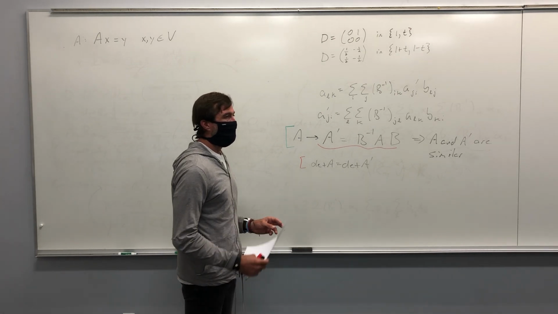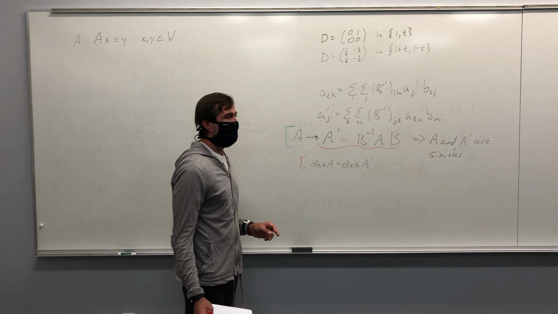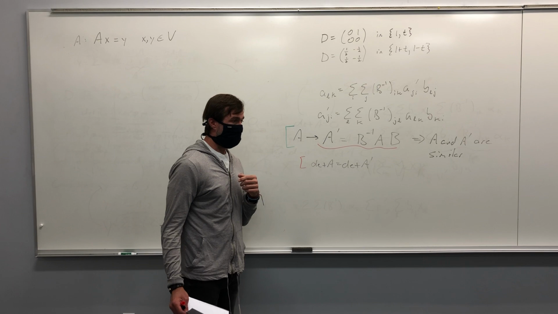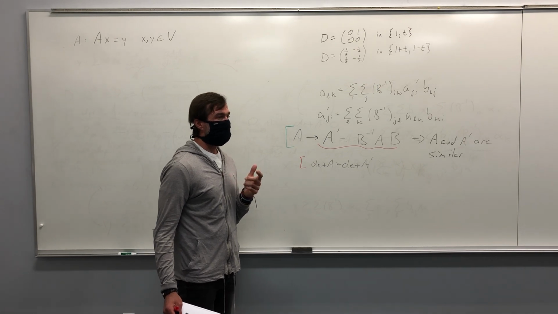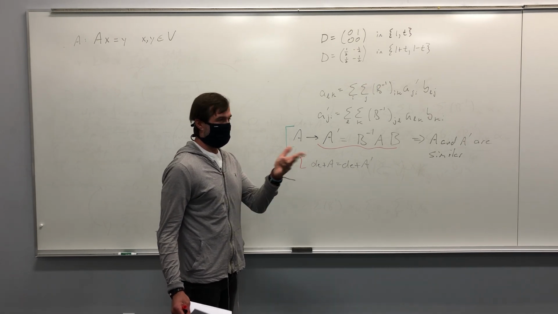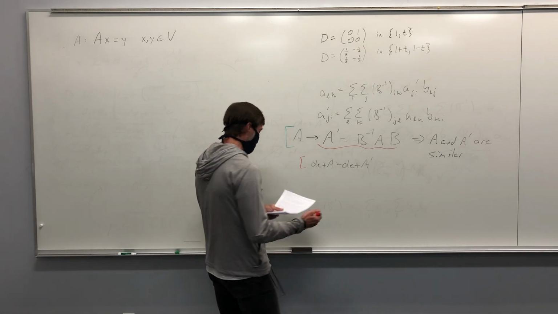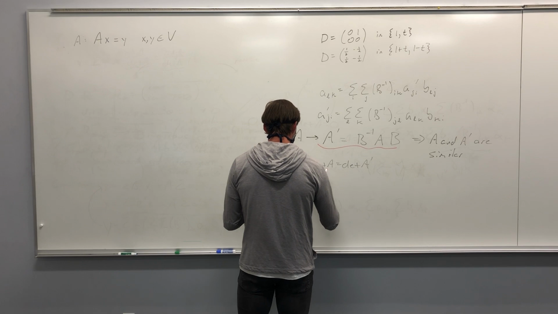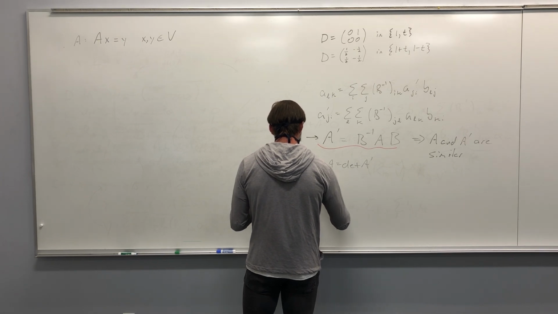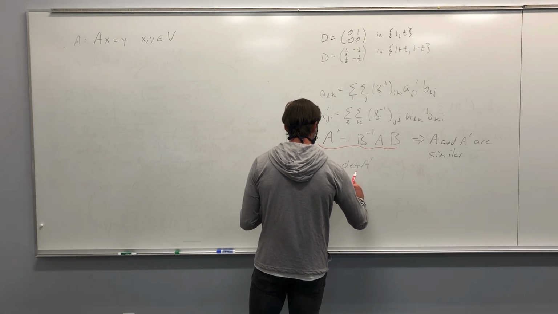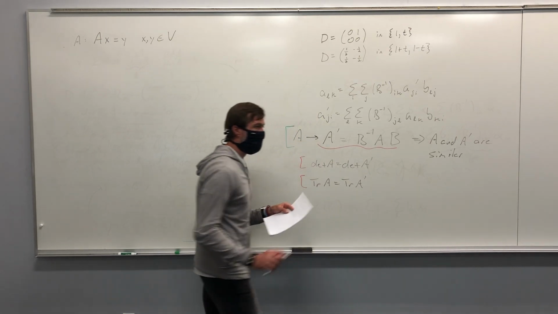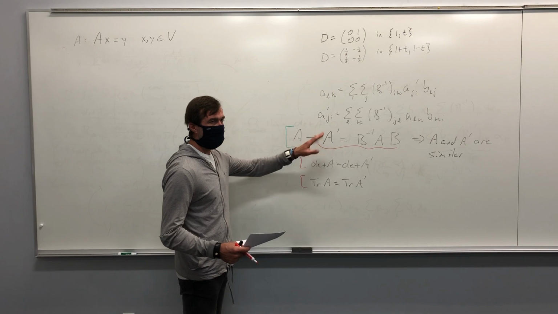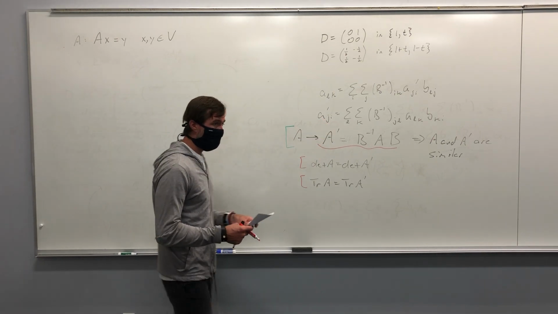Because the determinant of the product of matrices is the product of determinants. So you take the determinant of this side, and then you group the B inverse and B, it's det I, which is 1. Exactly, okay. And then also we have that the trace of A equals the trace of A prime, which you can derive from similar considerations. Okay, so these are really pretty trivial to derive from this definition.